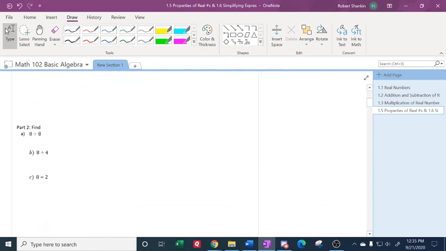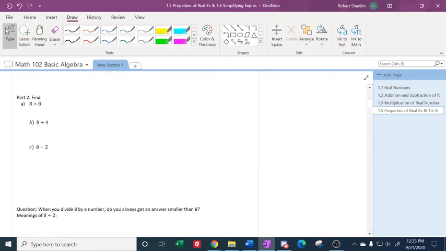All right, now let's go to number 2. There are some very simple problems in parts A, B, C, and then a question that you have to think about. So go ahead and do those. Do A, B, C, and the question at the bottom.